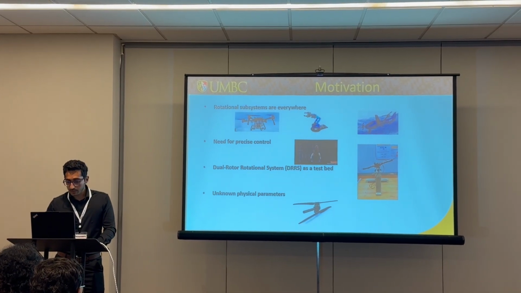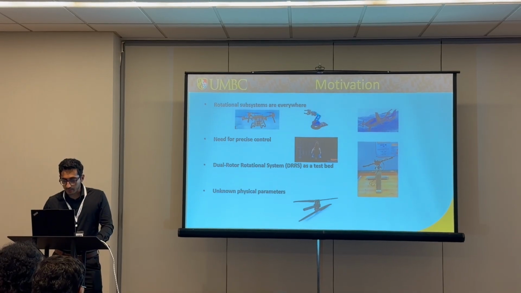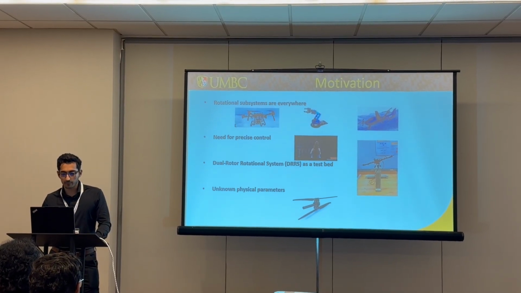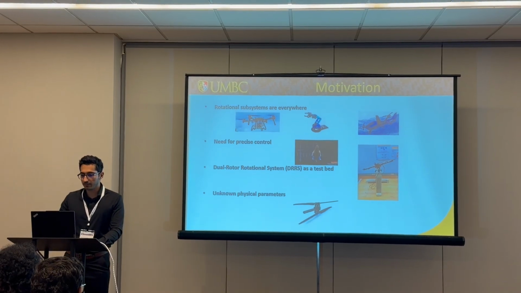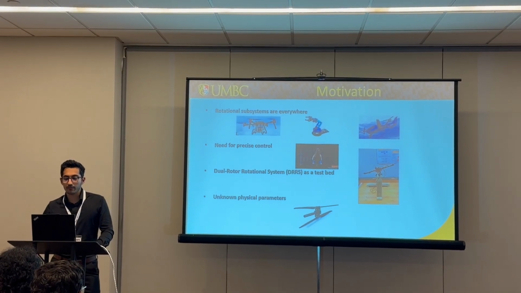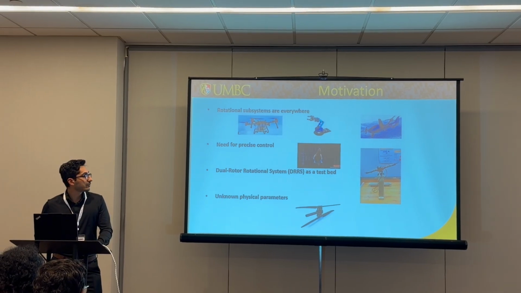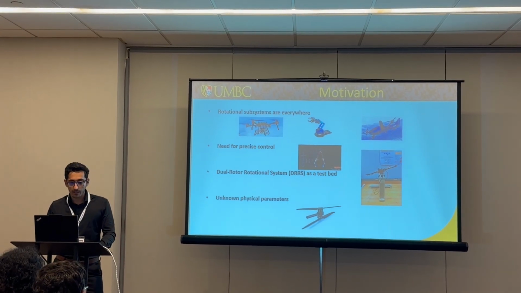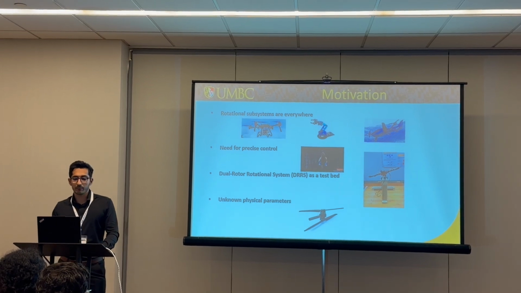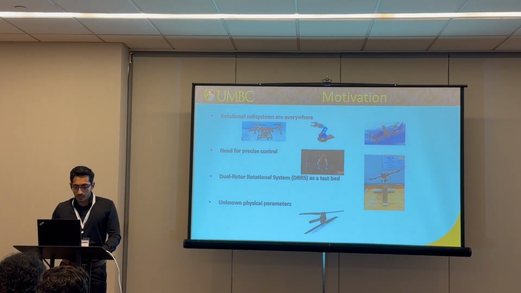Here you can see a simplified test bed of a 1 degree of freedom rotational system that we have developed for an undergrad course, so they can implement different controllers and get familiar with how a controller is implemented in real time. But in this one, we want to consider a 2 degree of freedom rotational system.